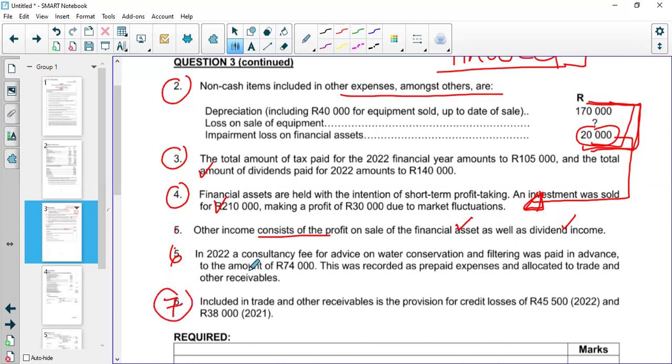So number 6 says there's a fee in 2022. There's a fee for advice that was charged, and this was paid in advance, and the amount is 74,000, right?